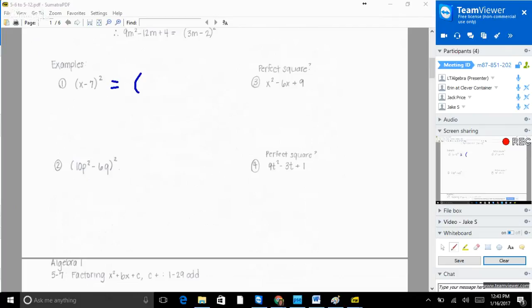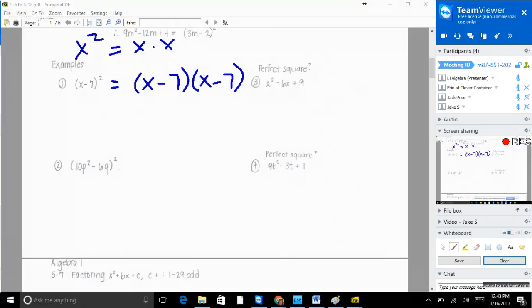Well, that's the same as x minus 7 times x minus 7, right? Just like x squared is x times x, x minus 7 squared is the same as x minus 7 times x minus 7. So do we know how to simplify this? You guys feel like you could do that?